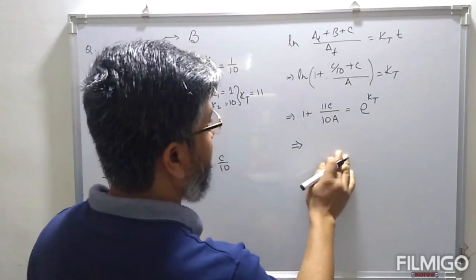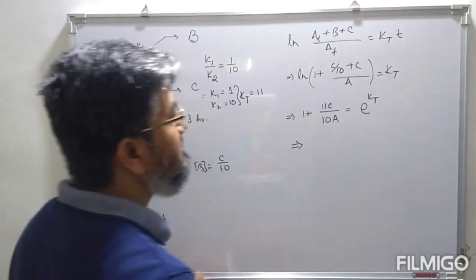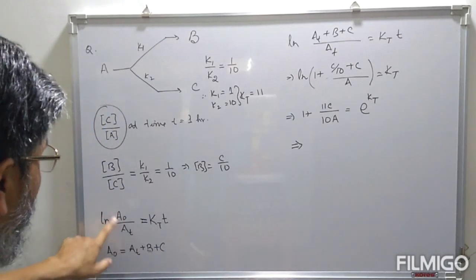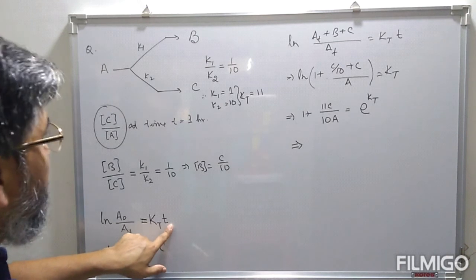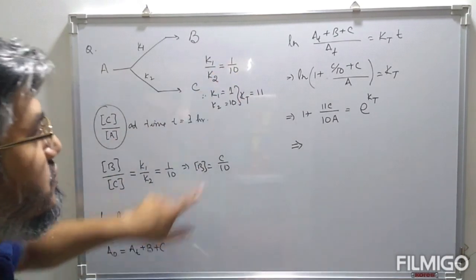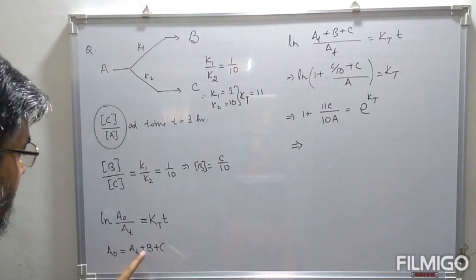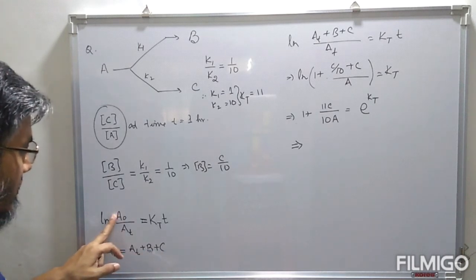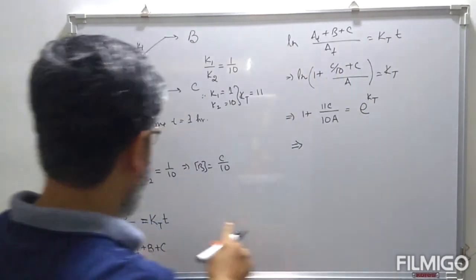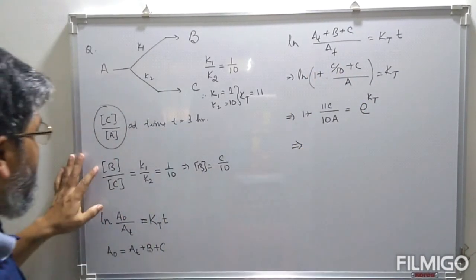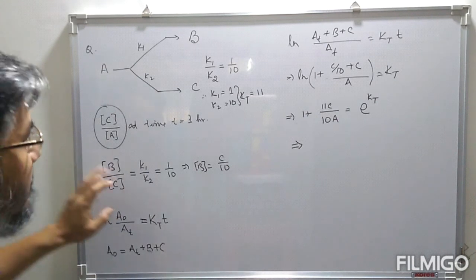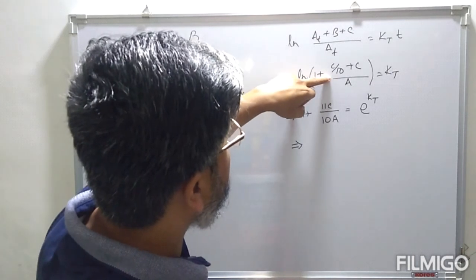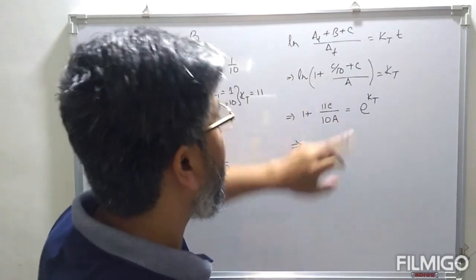So therefore, you have to find the C by A. ln A naught by At is Kt into t. So we have this Kt 11, t is 1, and A naught is At plus B plus C. So replace A naught by this value and replace this B by C by 10. So C by 10 plus C, that is 11C by 10A.